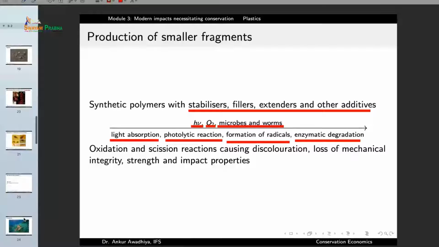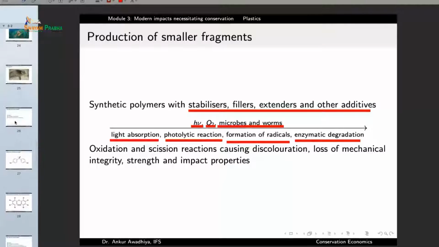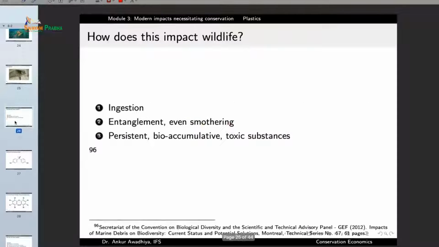So if you release these plastics into a water body and these substances are slowly getting released into the water, it is making the water body more and more toxic. It is leading to a degradation of the habitat that was earlier a pristine habitat. So another way in which plastics impact biodiversity is through persistent bioaccumulative and toxic substances.